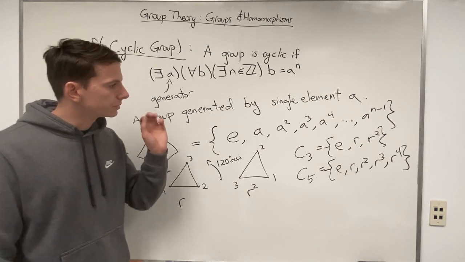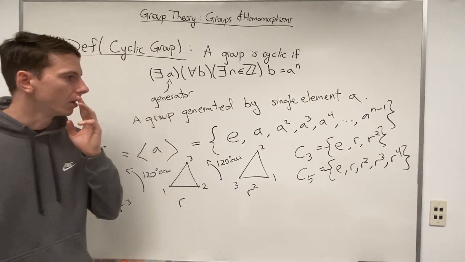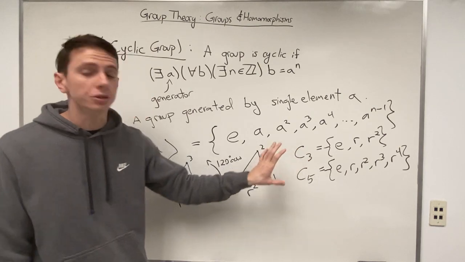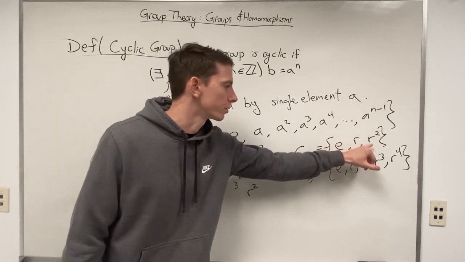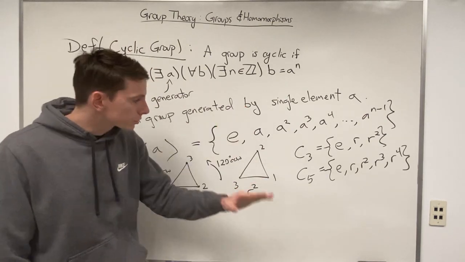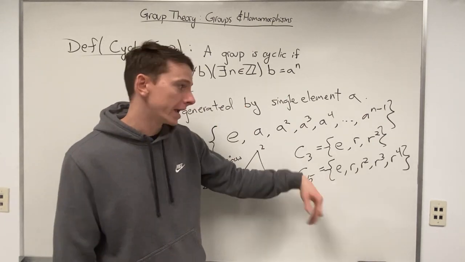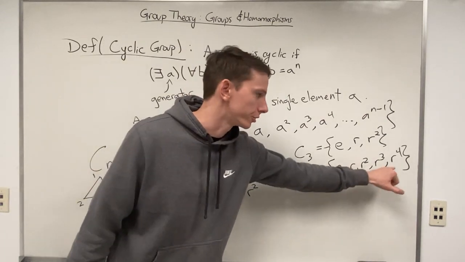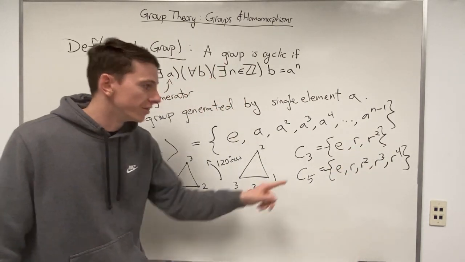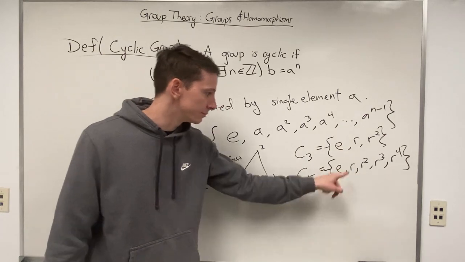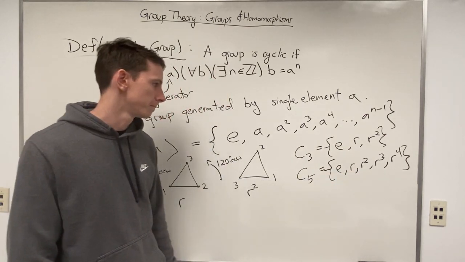But I want to make sure that we understand notationally that even if we were to write C3 like this, as having R and R squared, and then we were to write C5 containing also R, R squared, R cubed, and R to the 4th, but containing the same letter R, that this R right here is not the same as this R right here.